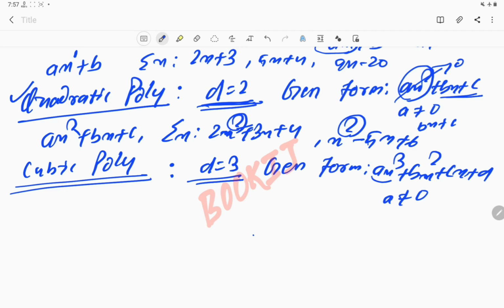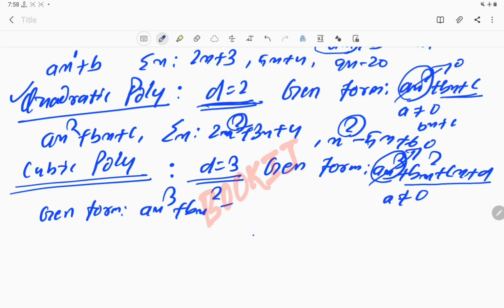If a is 0, this term becomes 0, and we are left with only bx square plus cx plus d, which is not a cubic polynomial. Hence the general formula is ax cube plus bx square plus cx plus d, and it has degree 3.